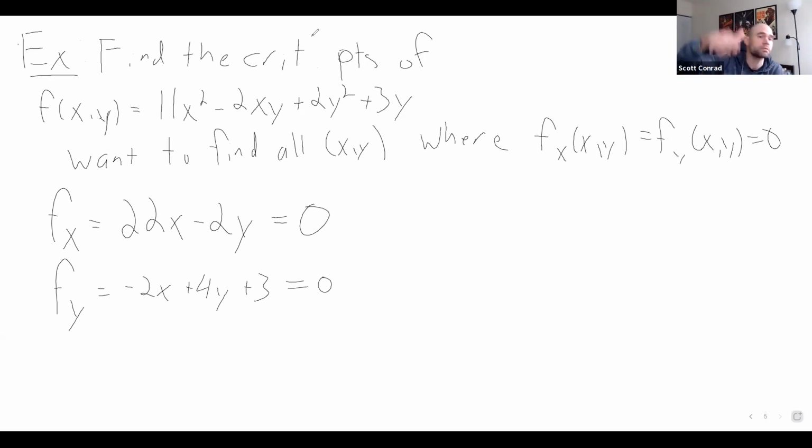You can say one variable is equal to something in terms of another variable, and then you use that relationship in the next equation to solve for one of the variables.